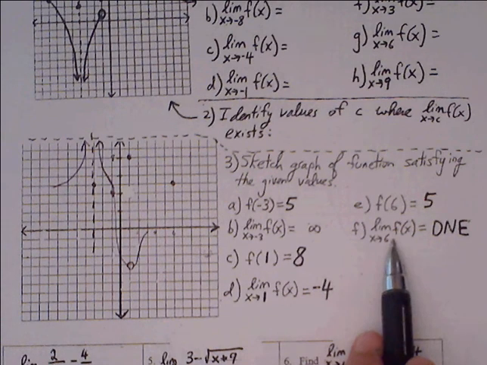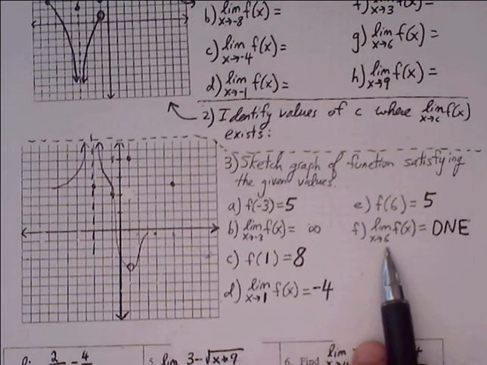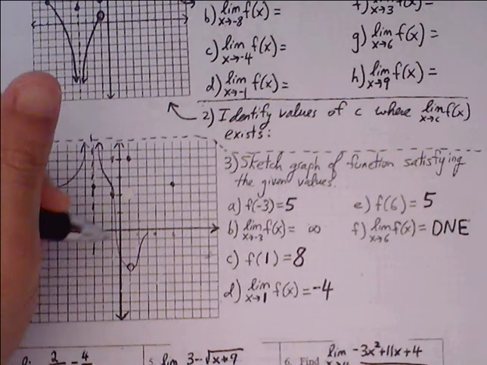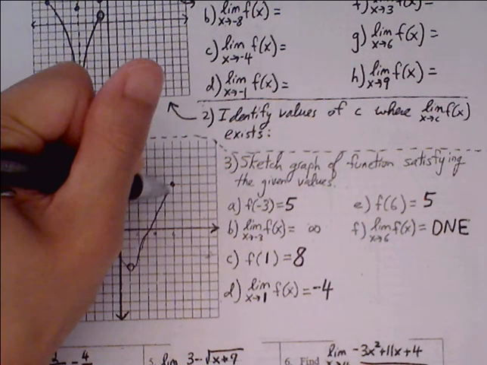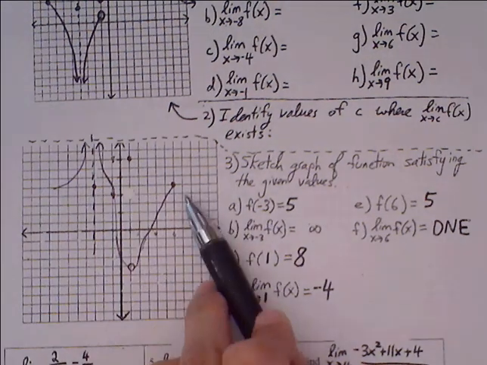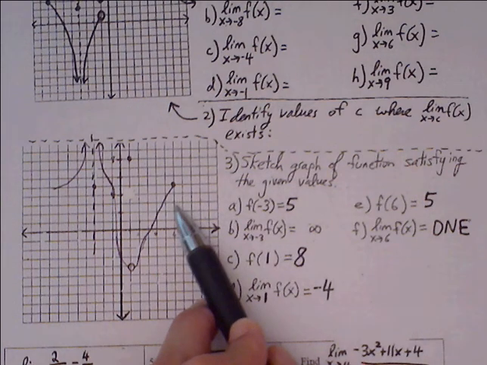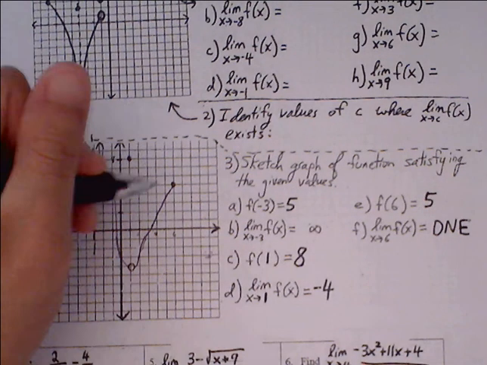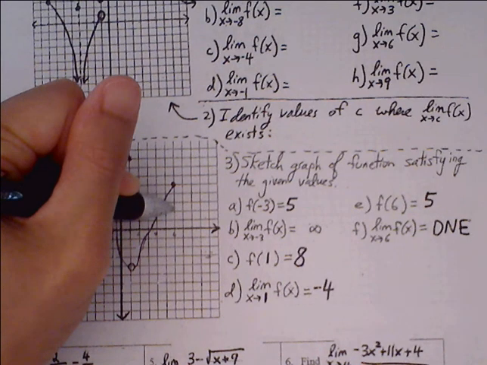And then we're told that finally the limit doesn't exist as x approaches 6. So there are a number of ways that we can do this. We can have the graph connecting as an endpoint. So if it's an endpoint, we know the limit doesn't exist. Or we can create a jump discontinuity, with the graph connecting to a different place.